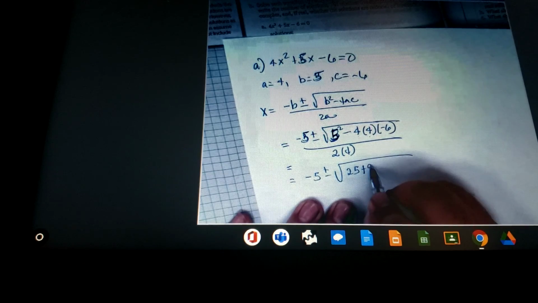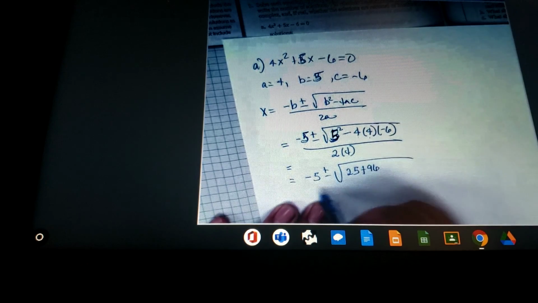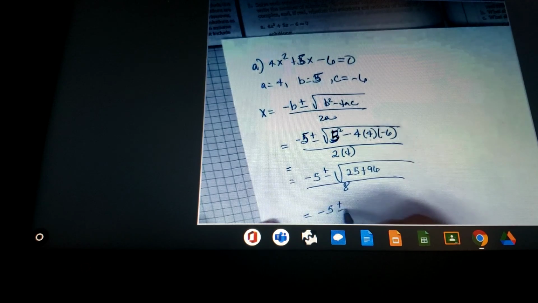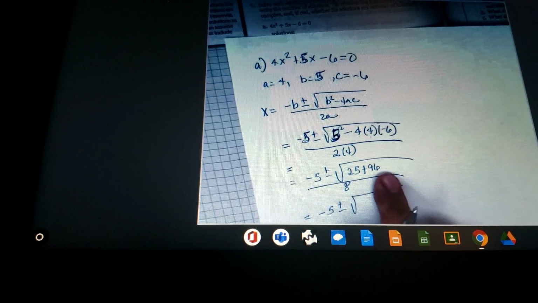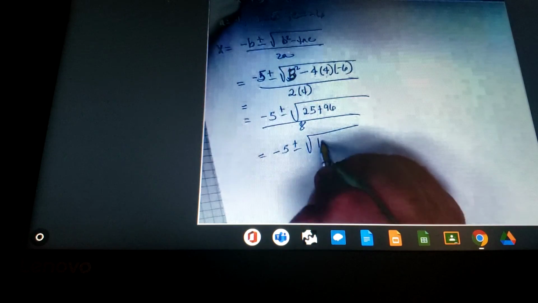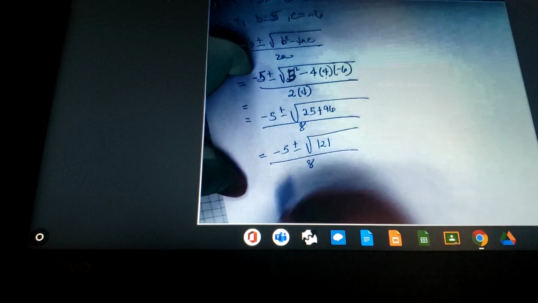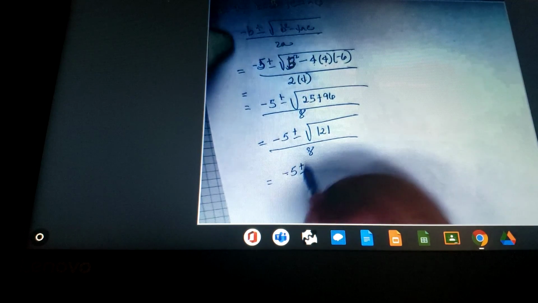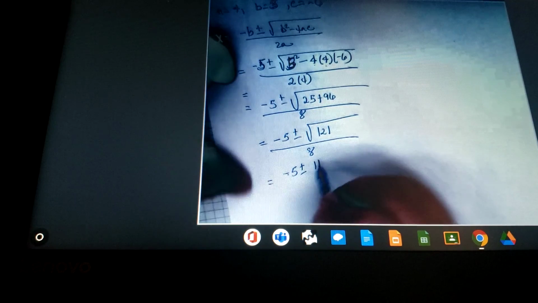I know we're finished with this. We answered this already. So 25 plus 96 is 121 over 8. So negative 5 plus or minus 11 over 8.